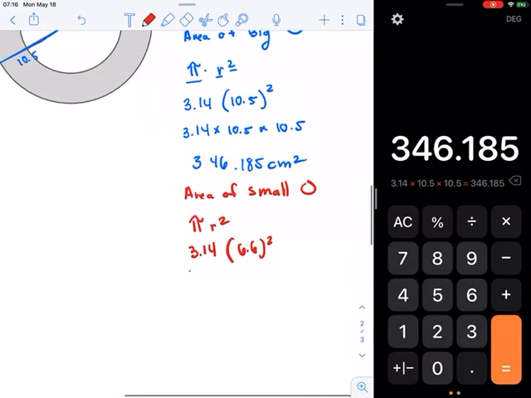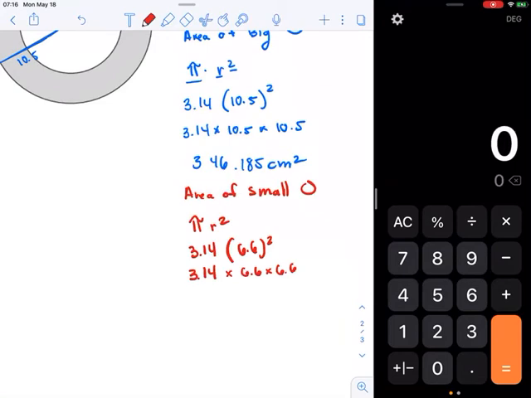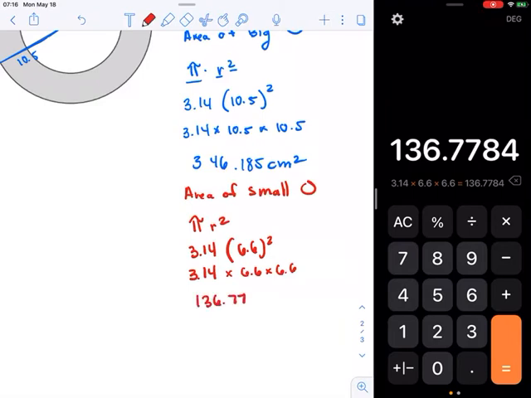I'm going to type it in this way because it's easier to see: 6.6 times 6.6. A lot of people make this 6.6 times 2, so I do this to eliminate that problem. 3.14 times 6.6 times 6.6, and we get 136.7784 centimeters squared.